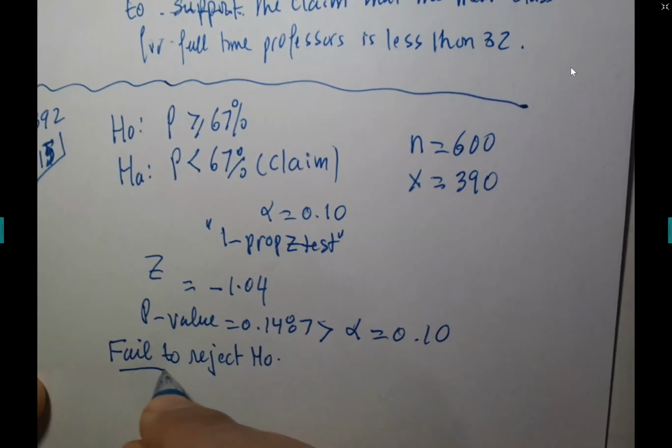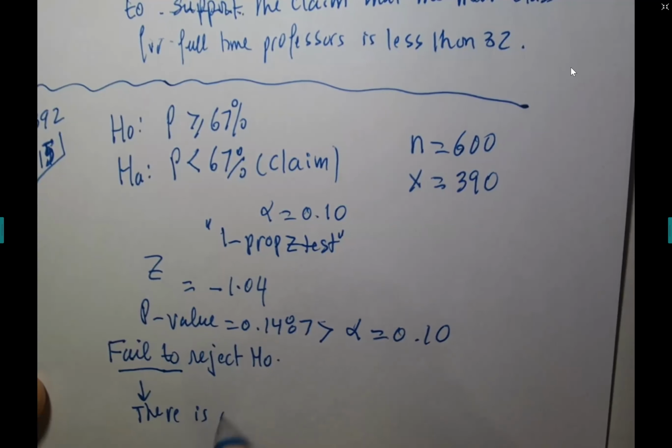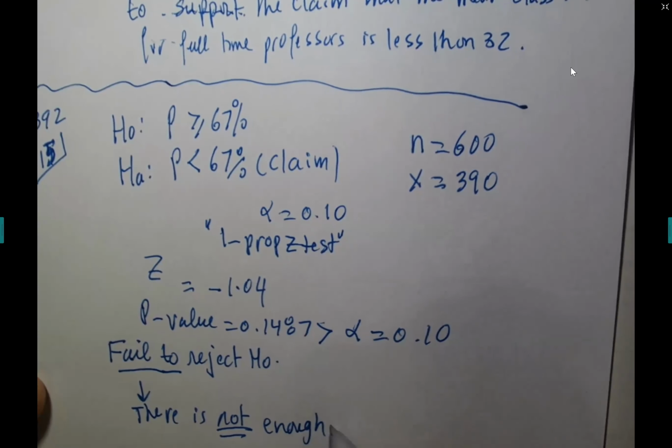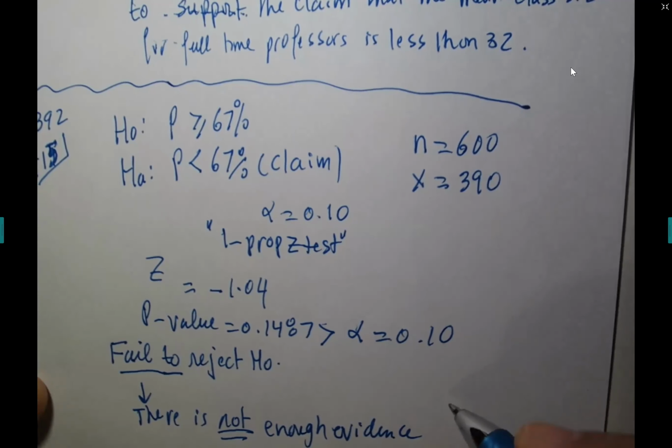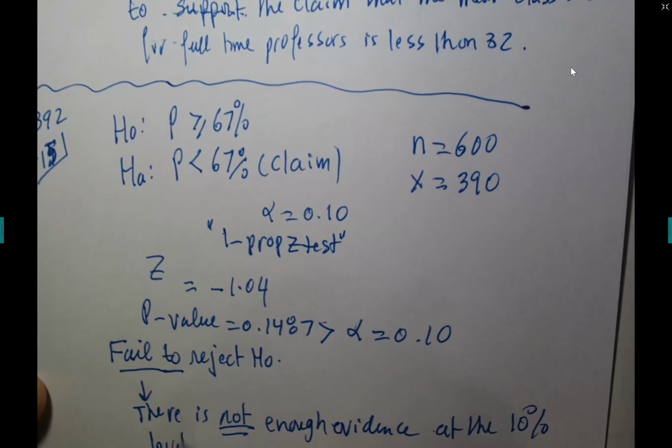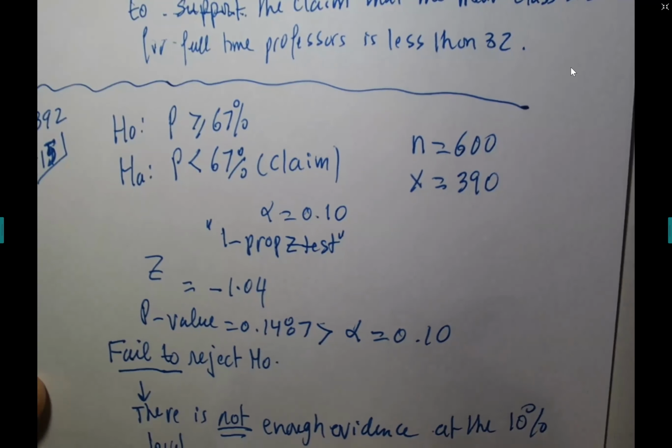And guys, if you fail to reject H0, we start with there is not. Anytime you have fail, then you start with there is not enough evidence to support the claim at 10%. Exactly. There's enough evidence at the 10% level of significance to support the claim. And you can say what the claim is.